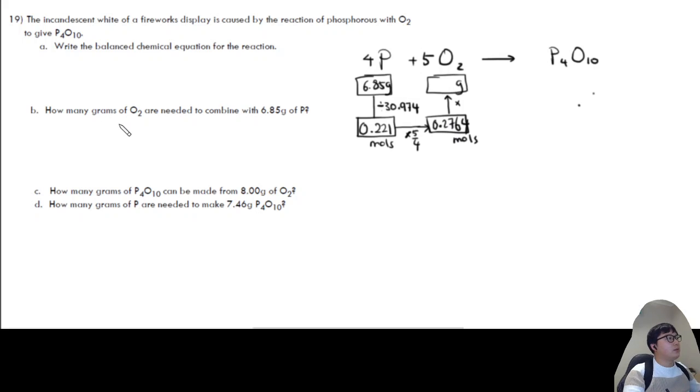Now the question is, how many grams of oxygen? So that's what we are looking for. Now the question is, what should we multiply by? This is how much oxygen you have.